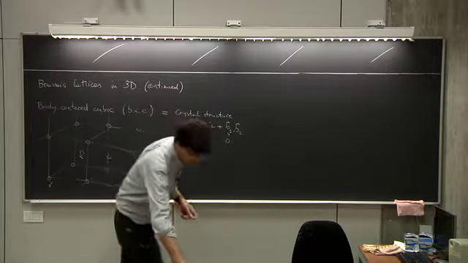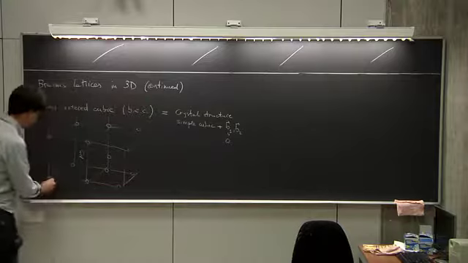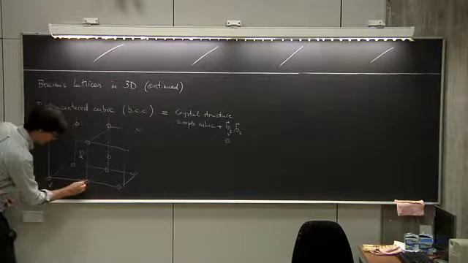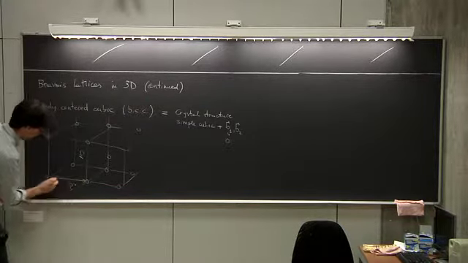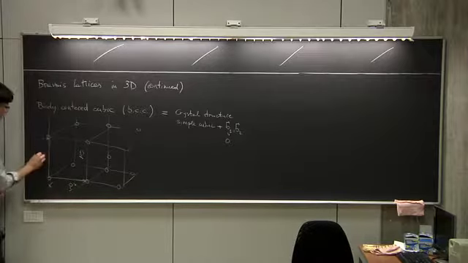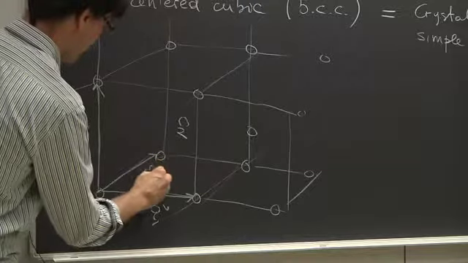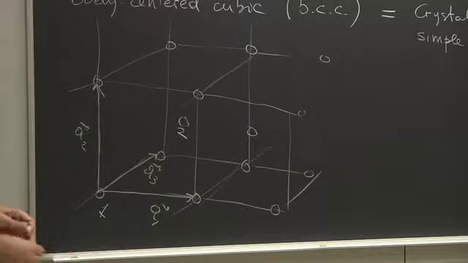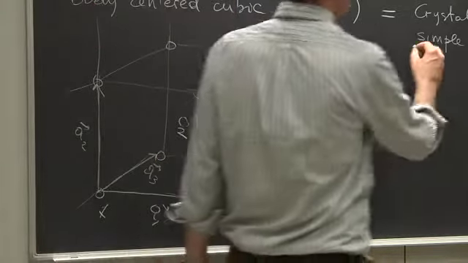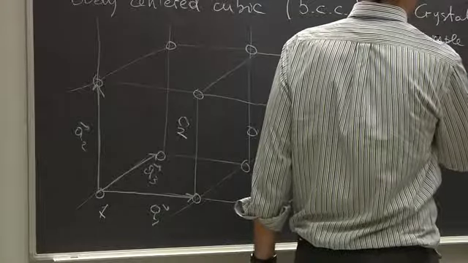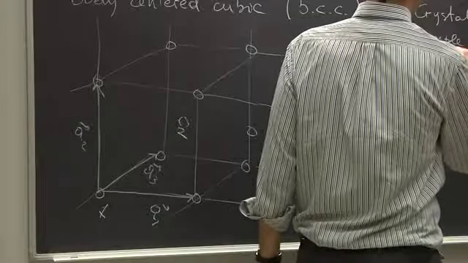Now I need to be a bit more specific. With the green vectors here, I'm identifying the primitive vectors that define the simple cubic lattice.